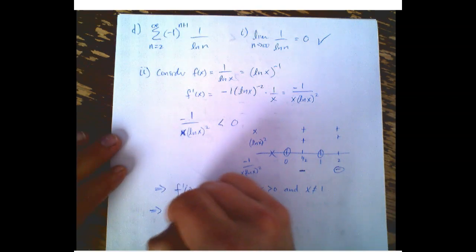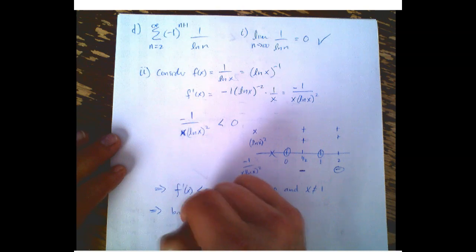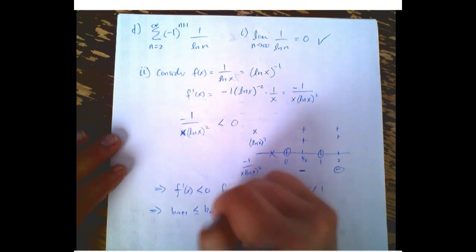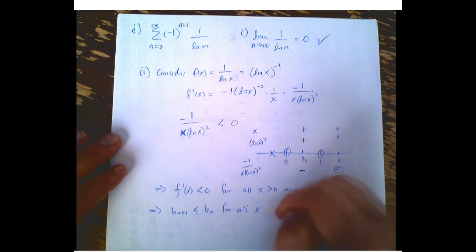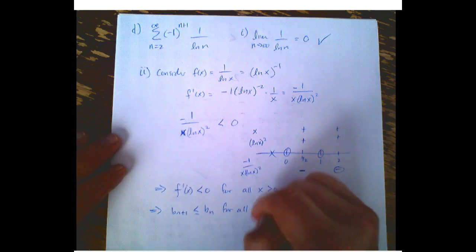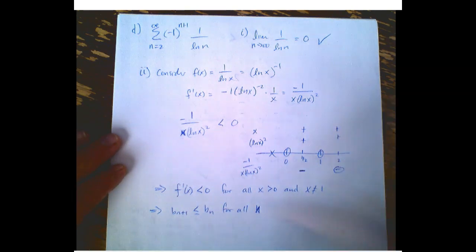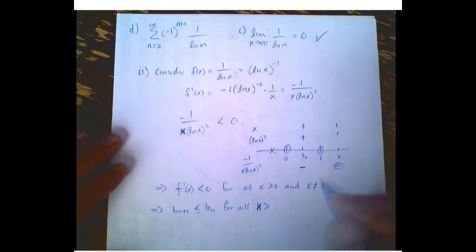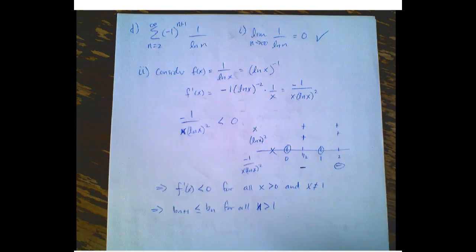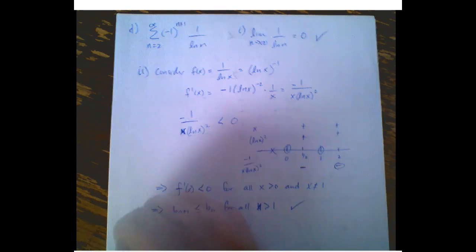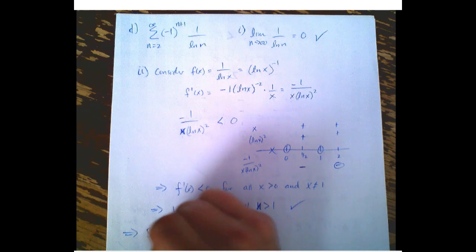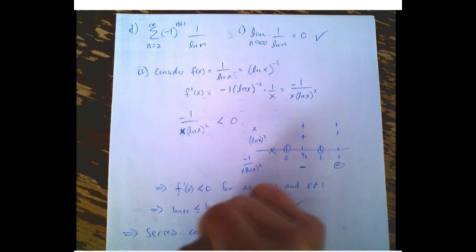Thus, bn plus 1 is less than or equal to bn for all n greater than 1, right? This is satisfied, so the series converges.